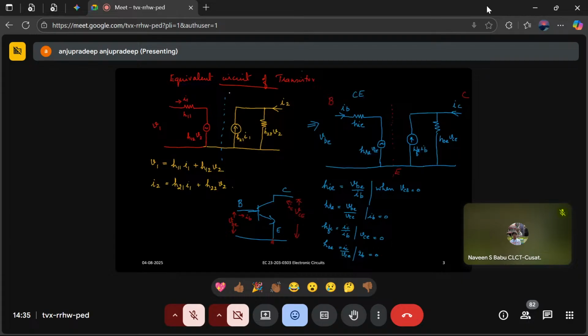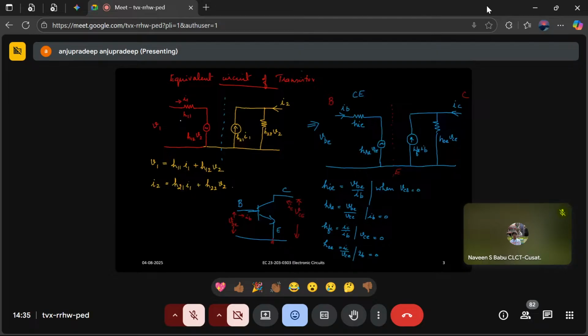So using these parameters, you can draw the equivalent circuit of a transistor. Here, purposefully I have shown it in two colors to show the input port and output port separately. Earlier, for the transistor box, I showed a dotted line.